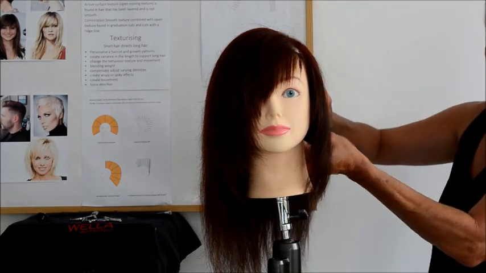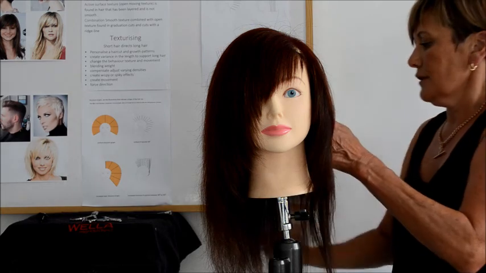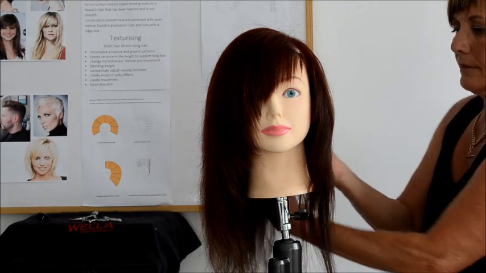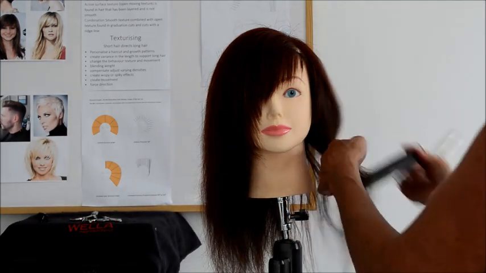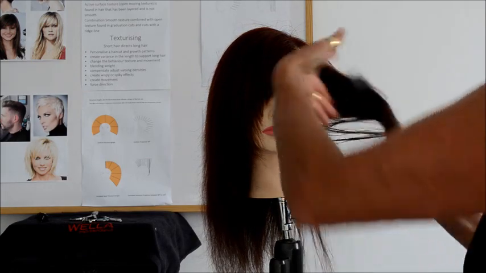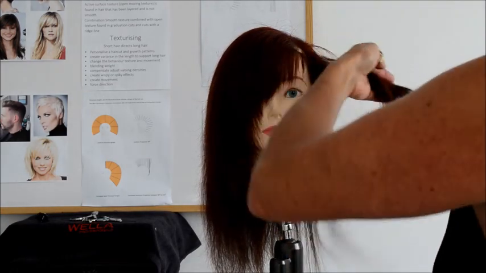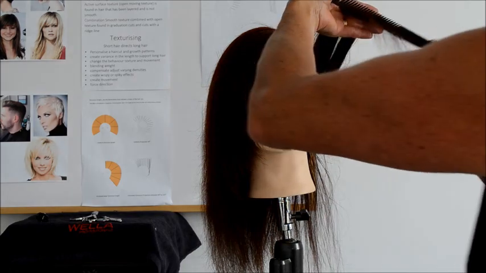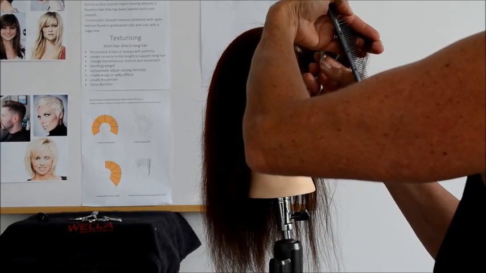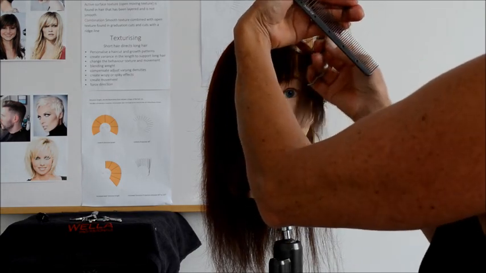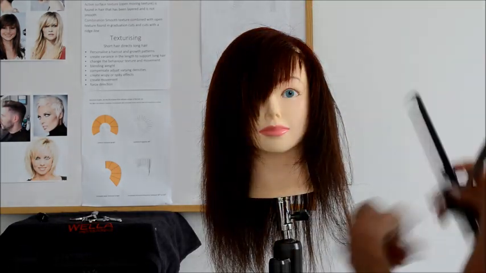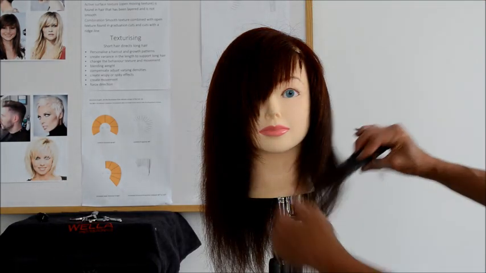Diagonal section, bringing your length forward. Lifting your hair up, coming in behind your hand, across your section, and sliding through. So it's very hard for you to see that, I'm sure, because my arm's in the way.